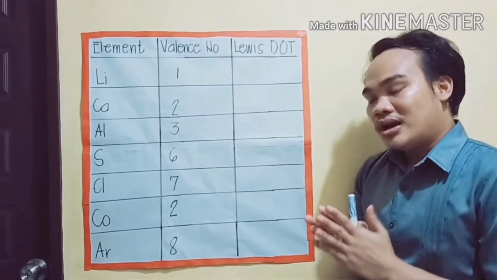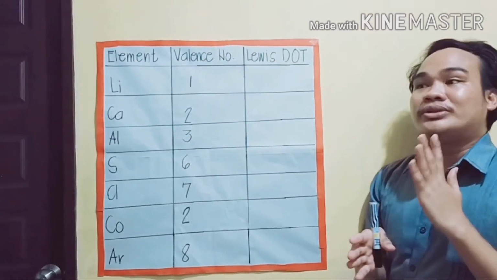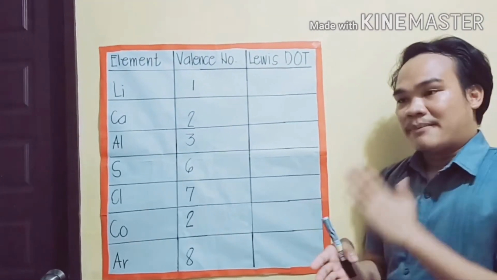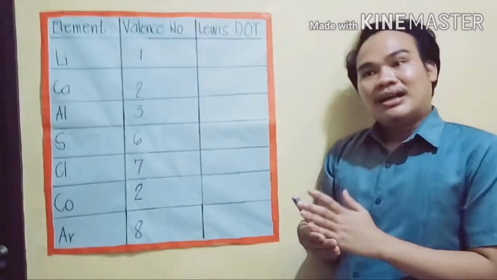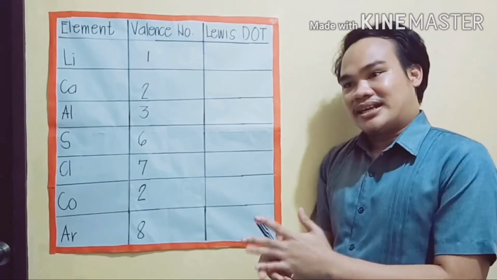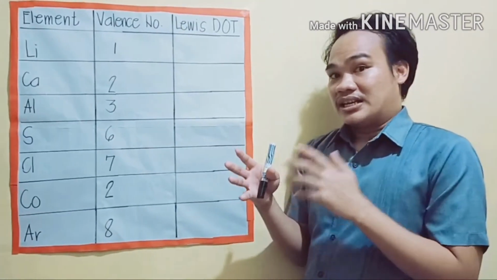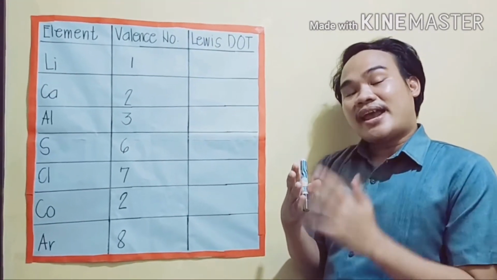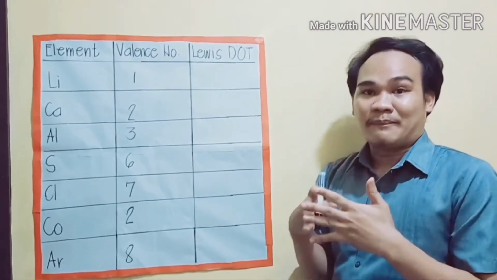Not all valence electrons are equal to the group number, because the valence electrons of the early transition metals and the late transition metals vary. It means that their valence electrons are not equal to the group number.